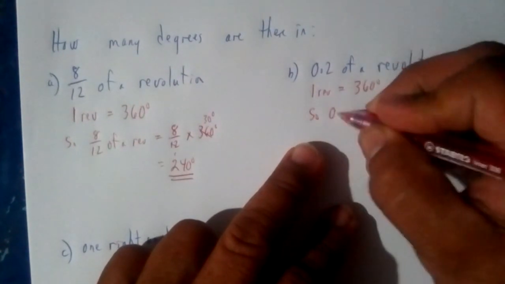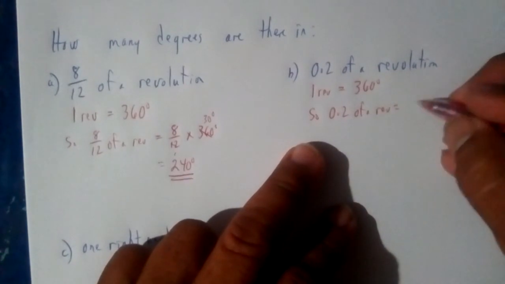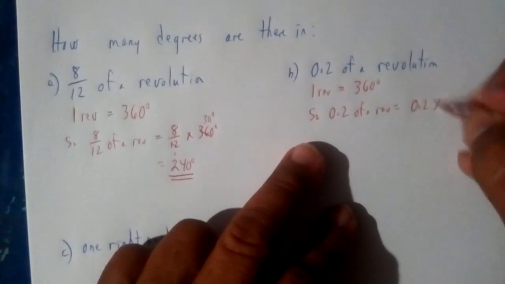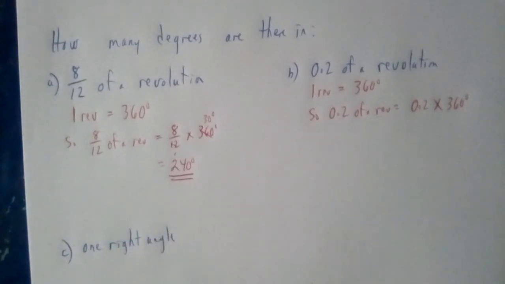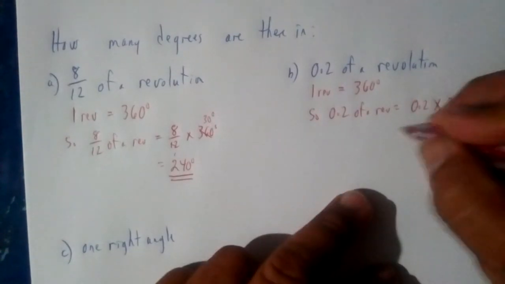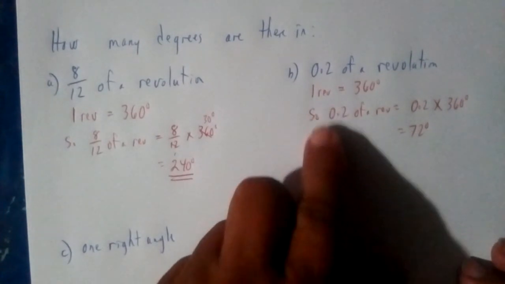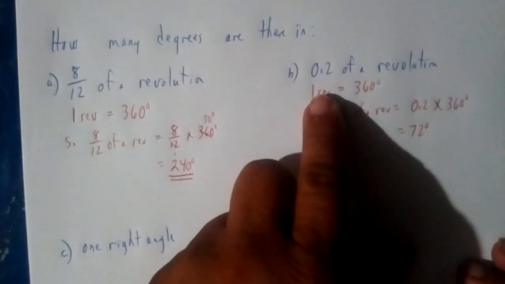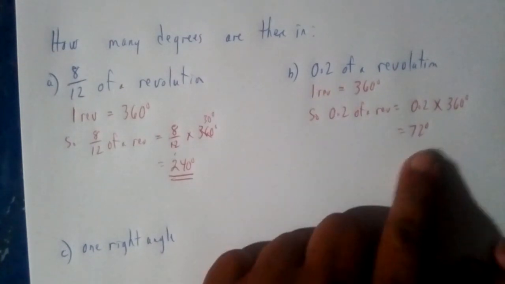So 0.2 of a revolution is equal to 0.2 times 360 degrees, and multiplying that out gives us 72 degrees. So 0.2 of a revolution is equal to 72 degrees.